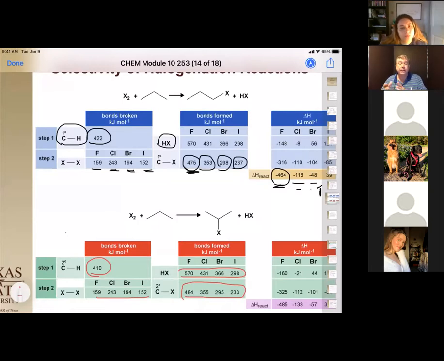So if we look at the net reaction, we still have a very high enthalpy given off, and we have chlorine and bromine are lower. So notice that the difference between these is not very high, and the difference between these is not very high.